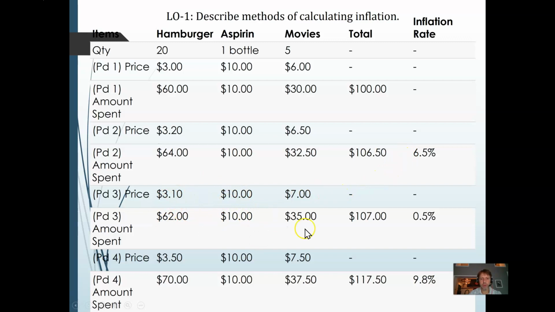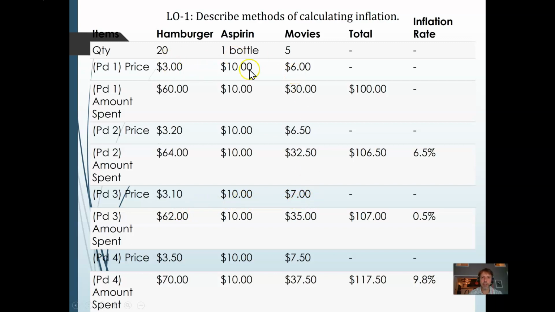So in time three, again, a new time, now the price of hamburgers has actually gone down. Maybe cheese has gotten cheaper, or there's been more cows, or we found the Impossible Burger, and so the price of burgers has dropped to 3.10, still $10 for aspirin, but movie tickets have gone up again, now to $7.